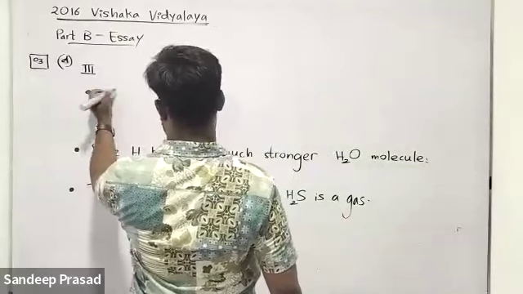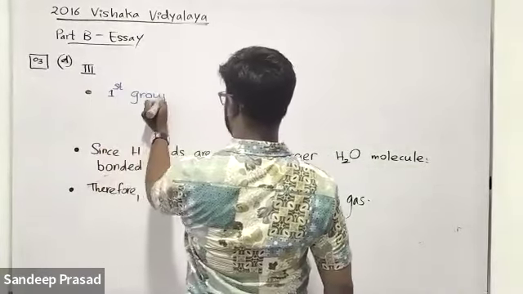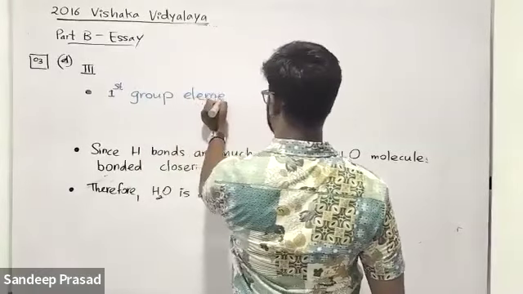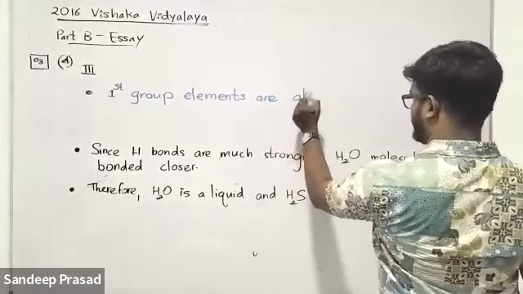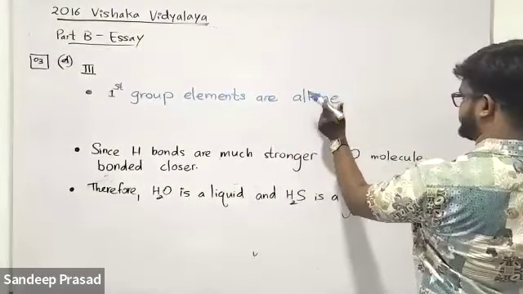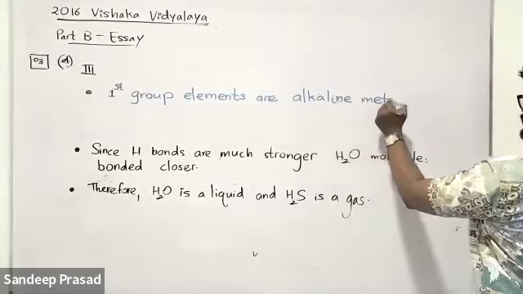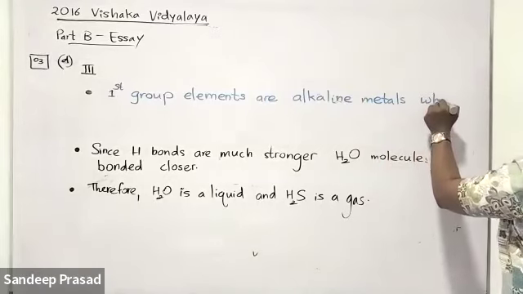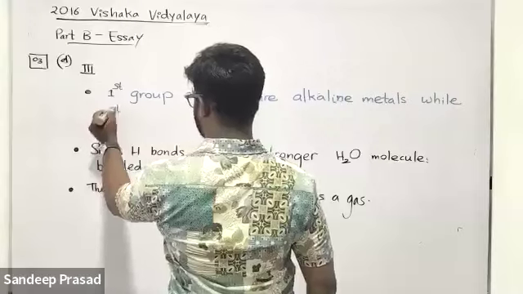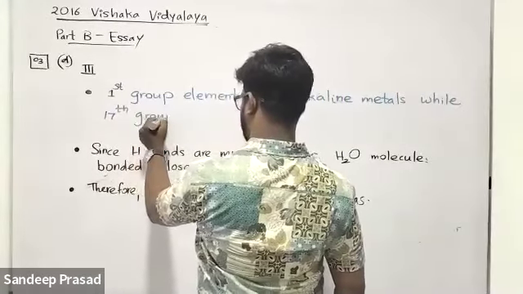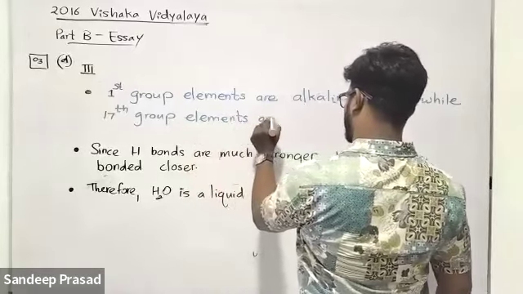The first bullet point is first group elements are alkali metals, while group 17 elements are non-metals.